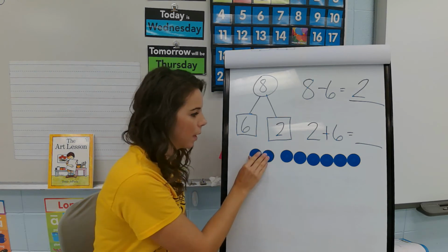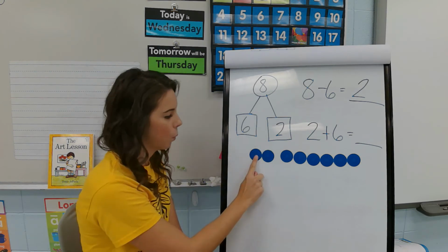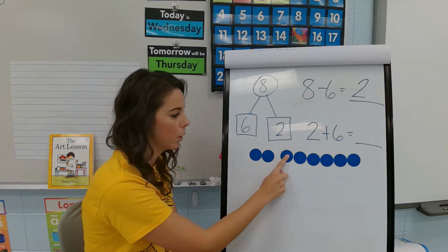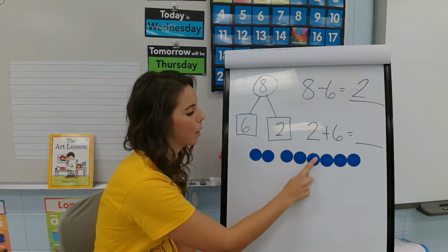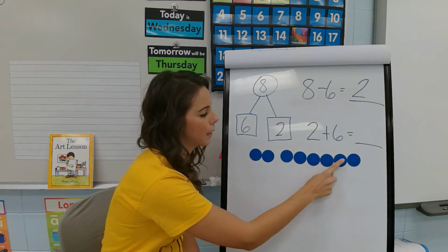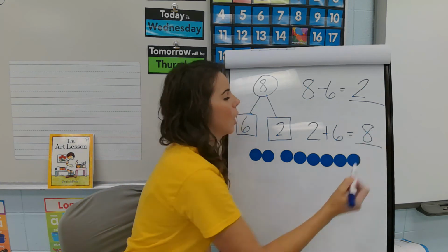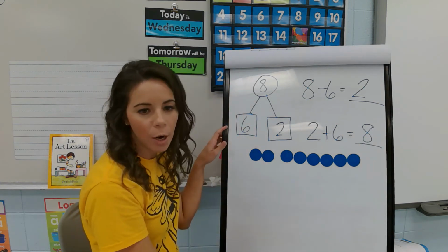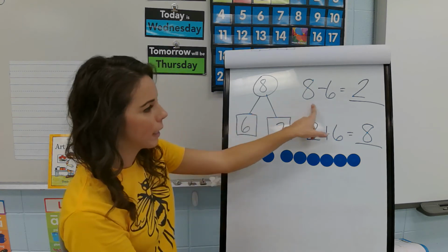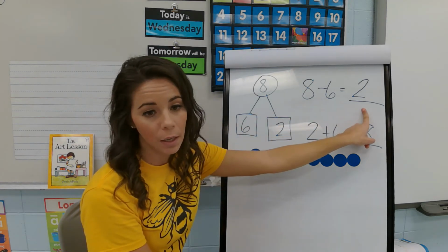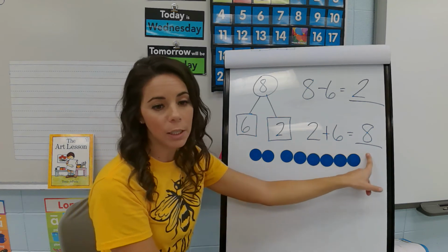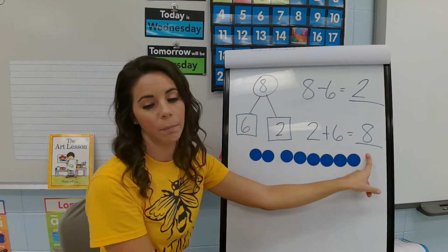Now let's count them. Does that equal 8? 1, 2, 3, 4, 5, 6, 7, 8. It sure does. We can solve that question, our missing add-in, using a subtraction sentence or an addition sentence.